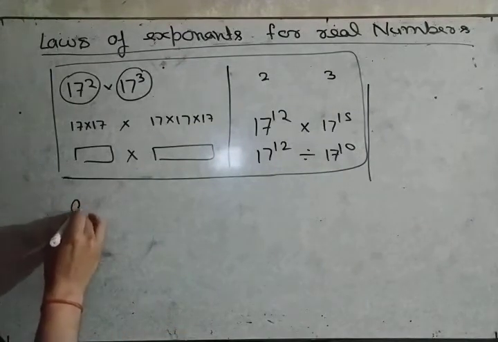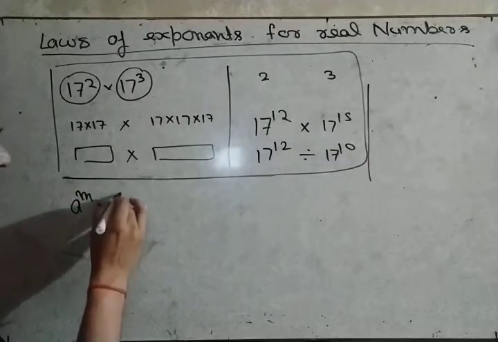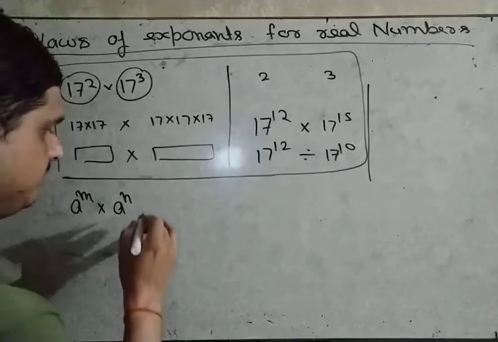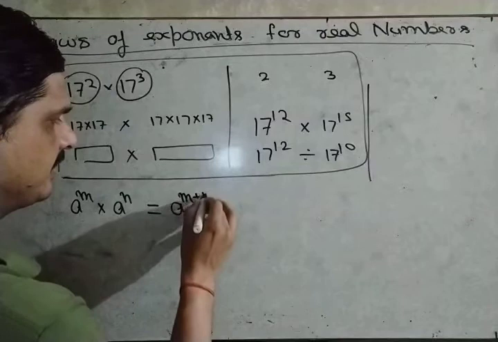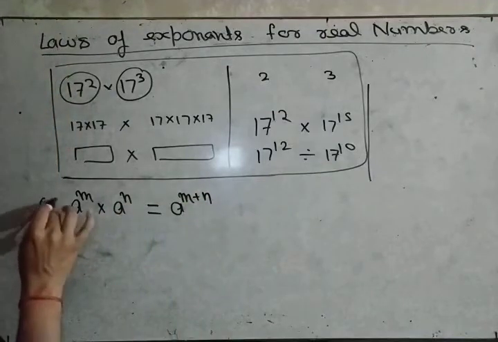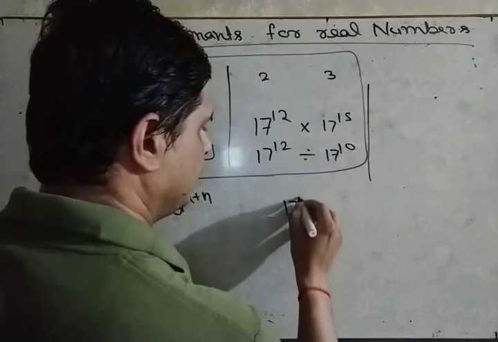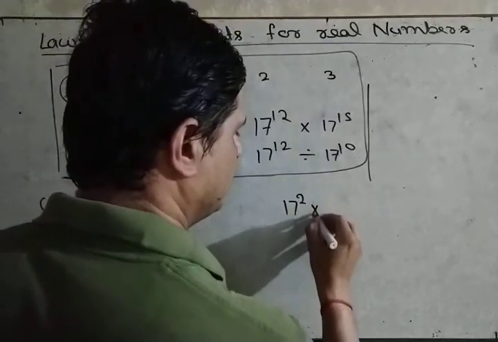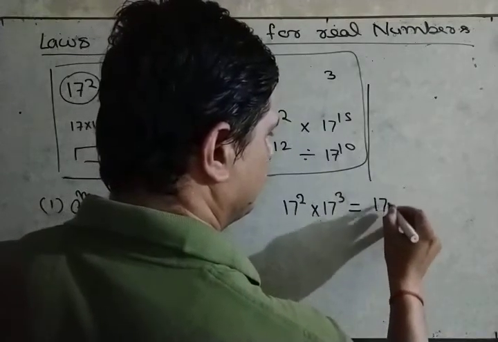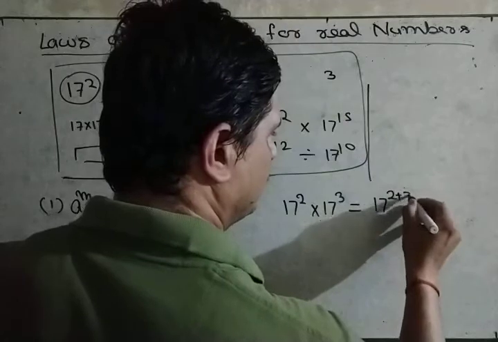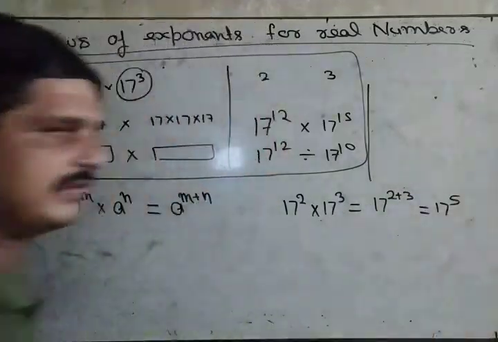If a to the power m is multiplied by a to the power n, first rule, in this case 17 raised to the power 2 multiplied by 17 raised to the power 3, you can directly write 17 raised to the power 2 plus 3, that is 17 to the power 5.